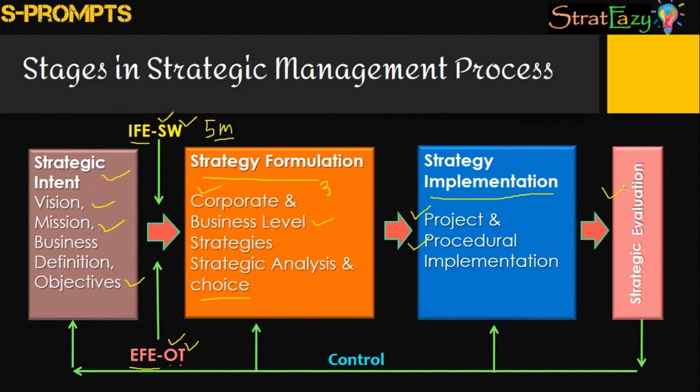If there is any gap in achievement of goals and objectives, again the process will go back to redefining the objectives and goals, formulation of newer strategies, implementation of those emergent newer strategies, and again it will be evaluated until the goals and objectives and vision of the organization are achieved. That's why the strategic management process is called a continuous process that helps organizations to constantly achieve their vision, mission, goals and objectives.